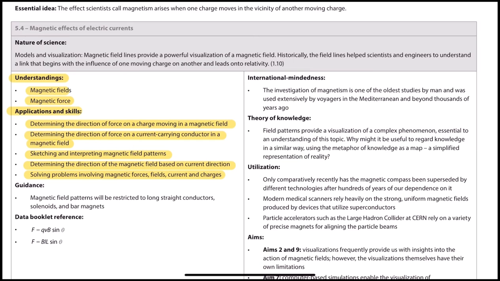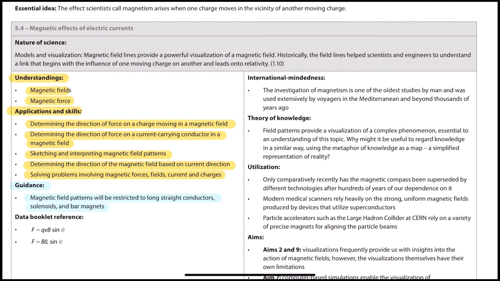You can see here in guidance, magnetic field patterns will be restricted to long, straight conductors, solenoids, and bar magnets. We will study only special cases where the math actually becomes easy and manageable. So students can do this. It is manageable for grade 11 and grade 12.